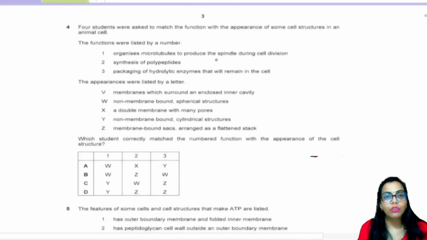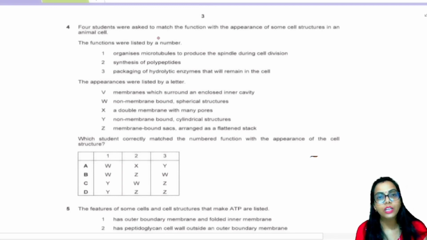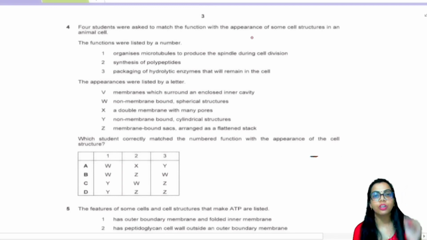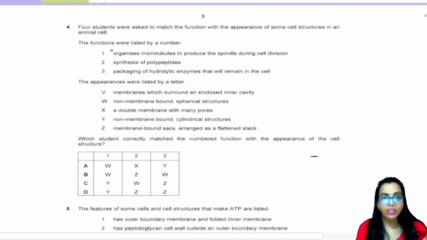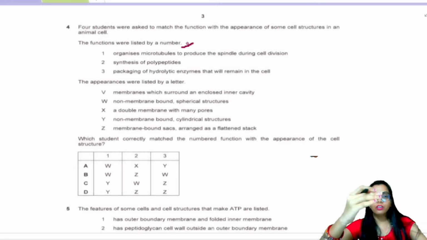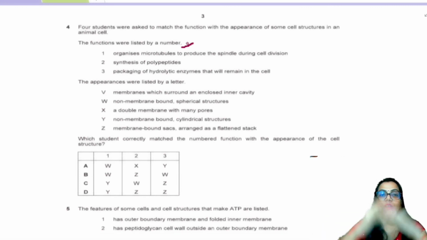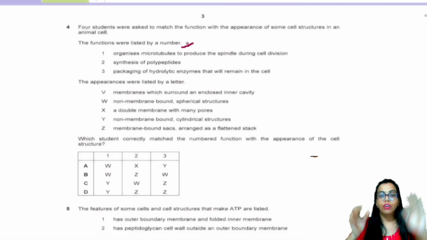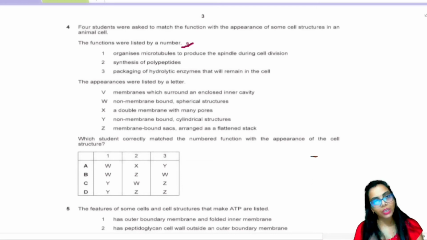Okay, now next question is, 4 students were asked to match the function with the appearance of some cell structures in an animal cell. The functions were listed by a number. So here the function is given and the appearance is given. We have to match the function with the appearance.